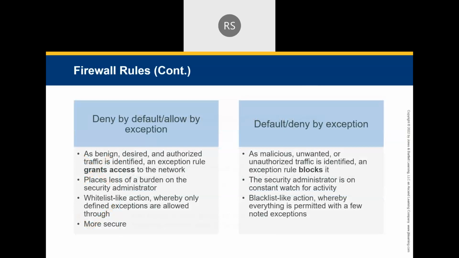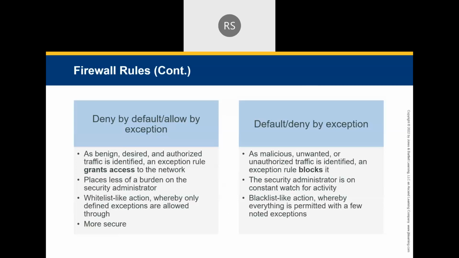Deny by default, allow by exception, and default allow, deny by exception, are often referred to as whitelisting and blacklisting, and they significantly influence how your organization controls network traffic.